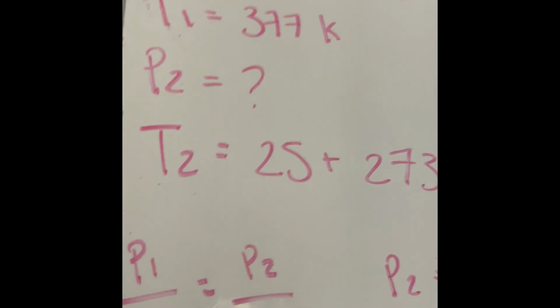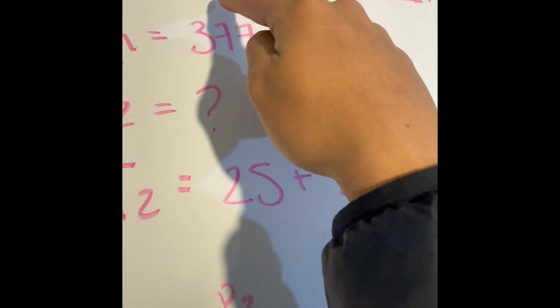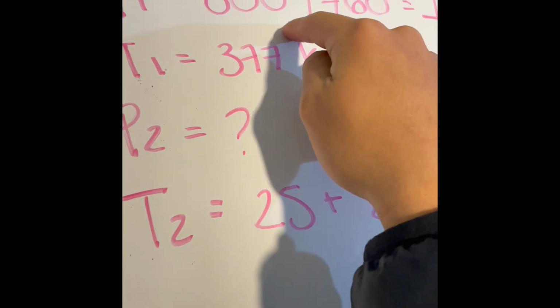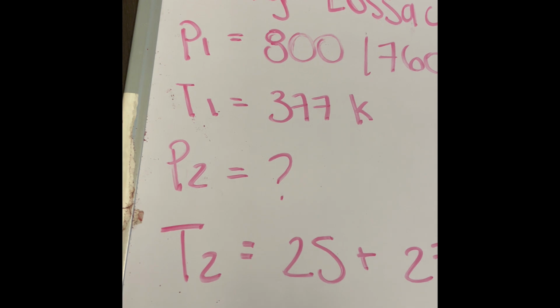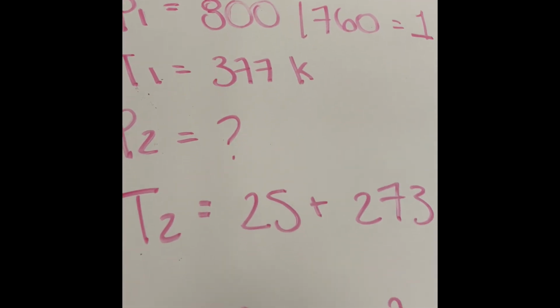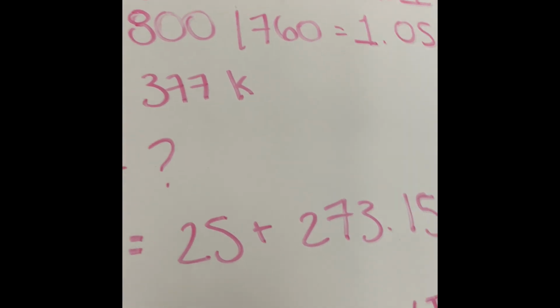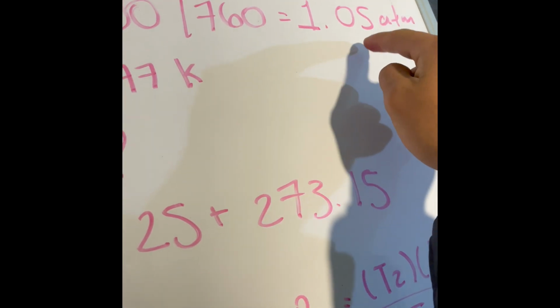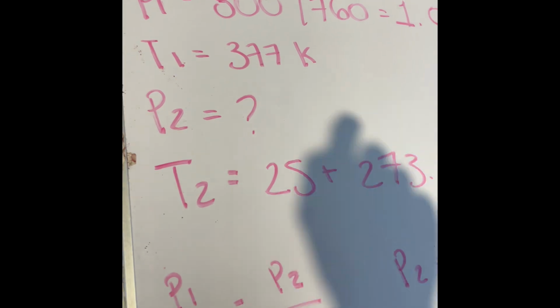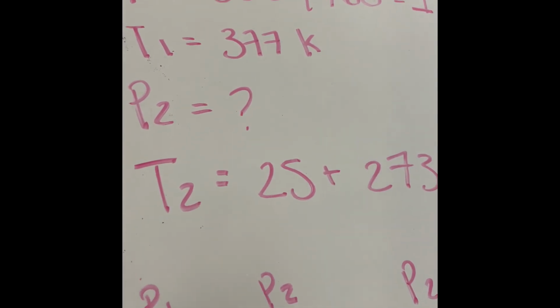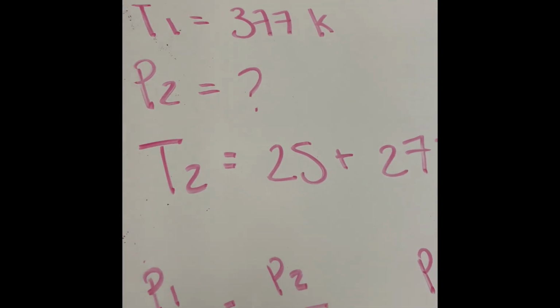Well, let's get started. For P1, here we have 800 under 760 equals 1.058 atm. Then for T1 we have 377 Kelvins.